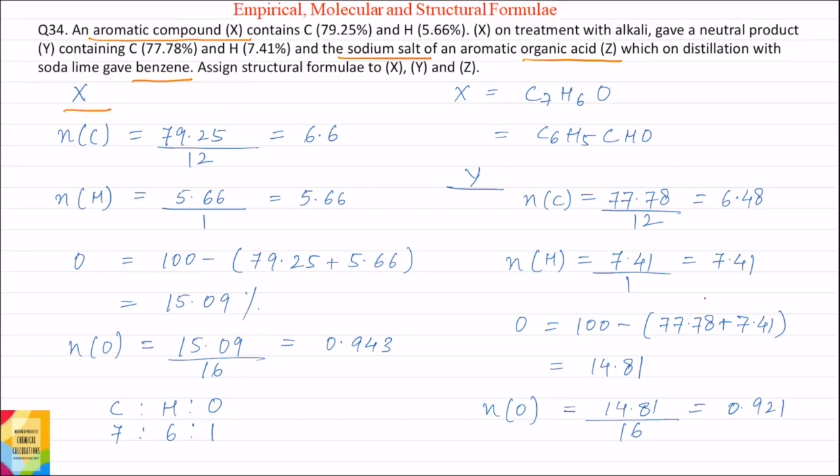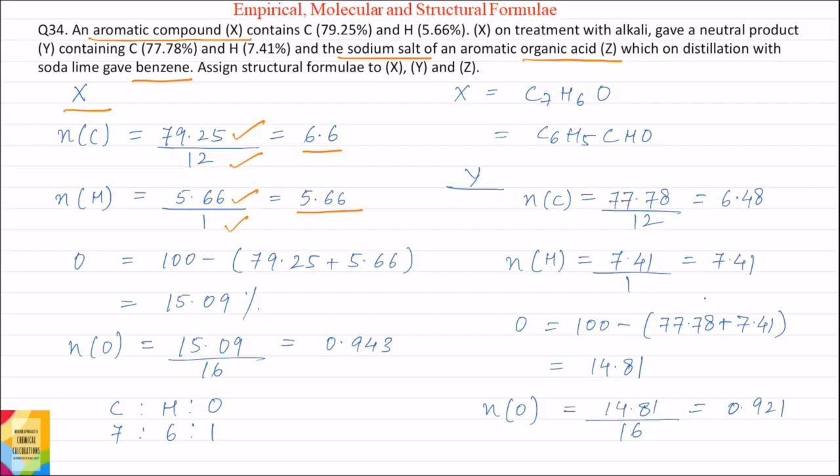Now, moles of carbon in X is equal to percentage of carbon divided by atomic weight of carbon, which is equal to 6.6. Moles of hydrogen is percentage of hydrogen divided by atomic weight of hydrogen, which is equal to 5.66.